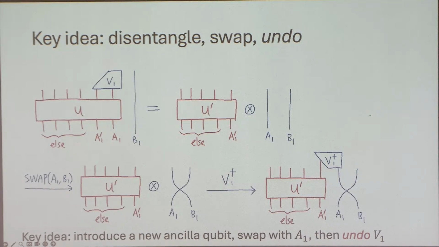Okay, so the interesting thing about this picture is that we almost didn't do anything. Because indeed, if we didn't have this swap in the middle, then all we did was V1 and V1 dagger, which is nothing. But we have this swap.